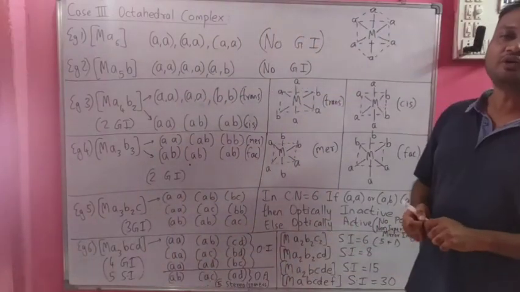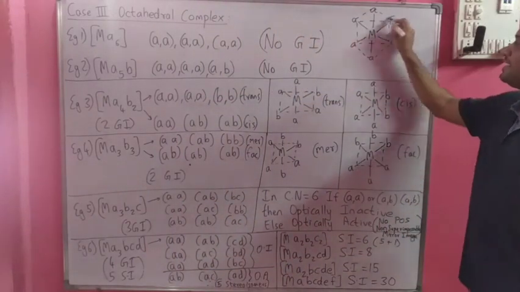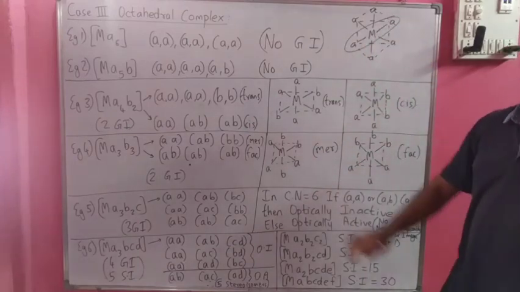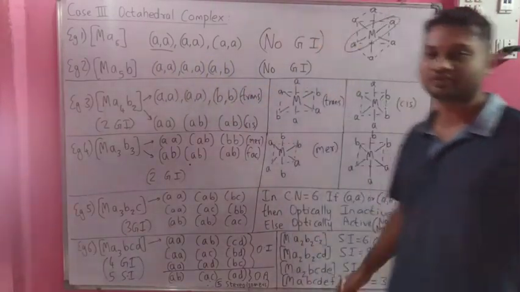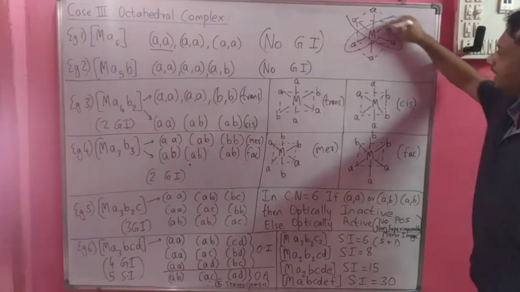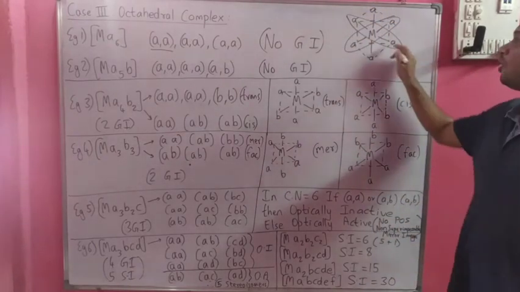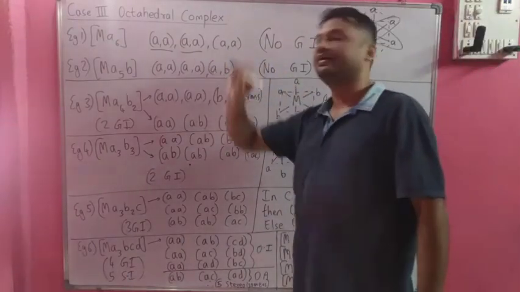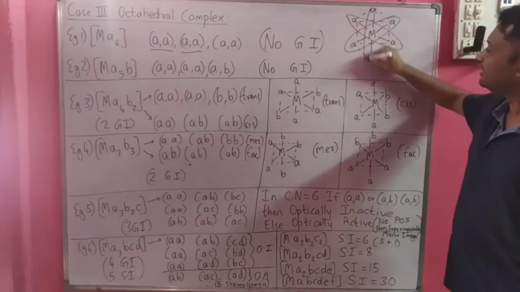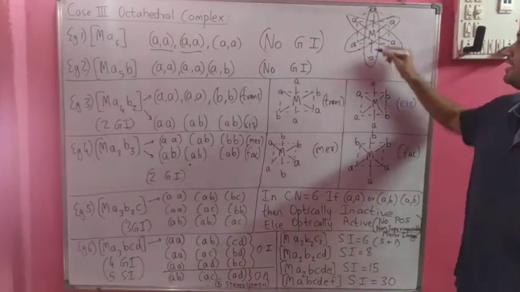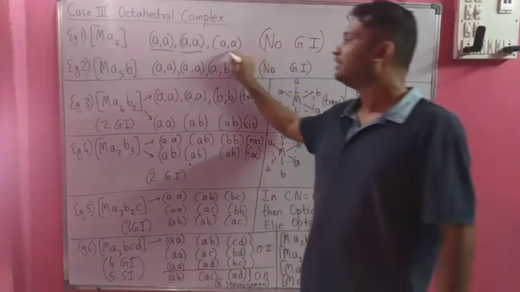Now if we want to see, there is A opposite A, one combination, which I have written like this. Another combination A opposite A, which I have written here. Finally, the final combination, A opposite A, I have written here.